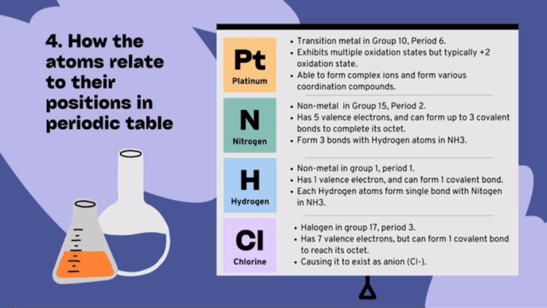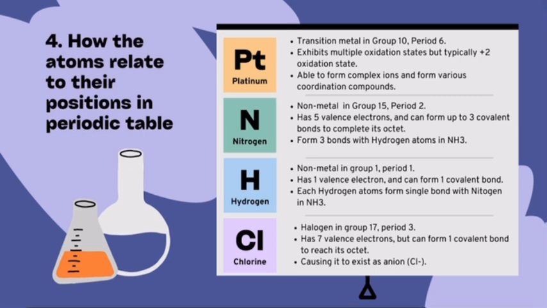Those 3 bonds are used to form covalent bonds with hydrogen atoms to form ammonia, or NH3. The third atom is hydrogen. Hydrogen is a nonmetal in group 1, period 1. Hydrogen has 1 valence electron and can form 1 covalent bond. Each hydrogen atom can form a single bond with nitrogen in NH3.